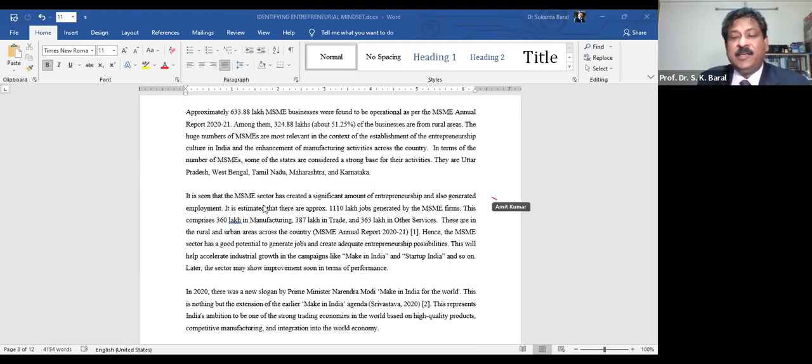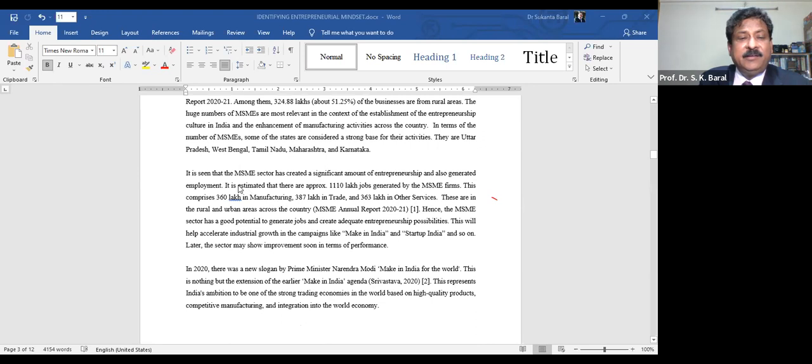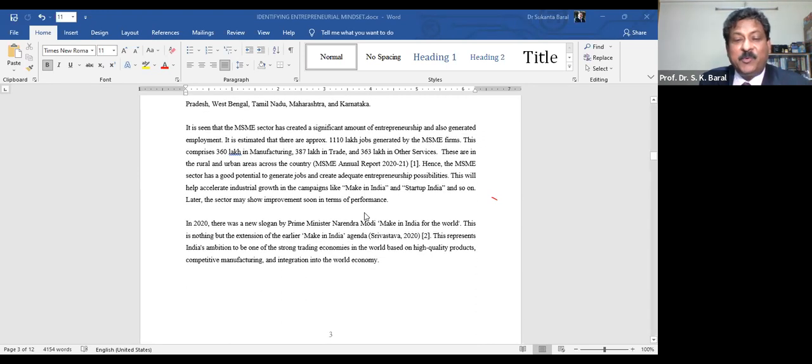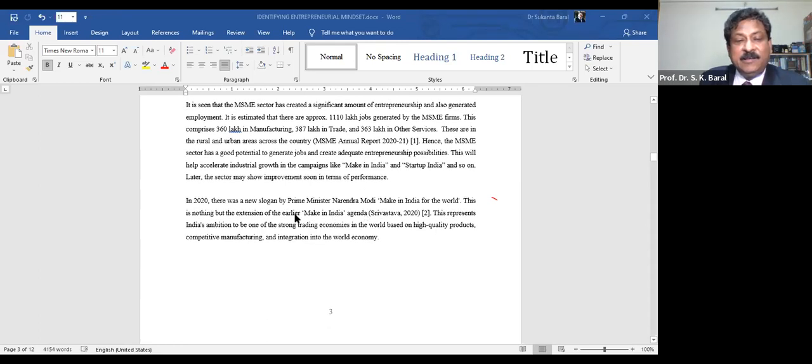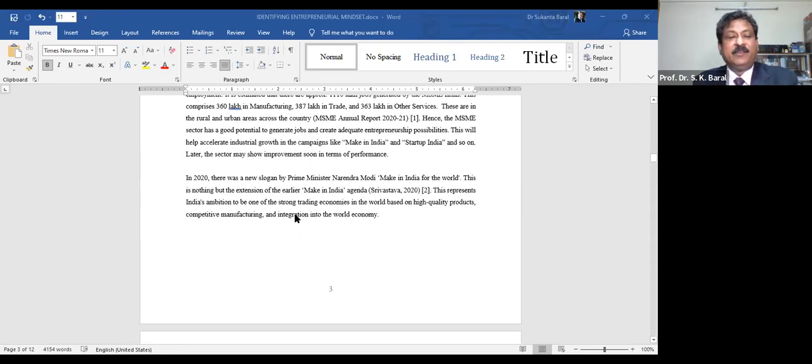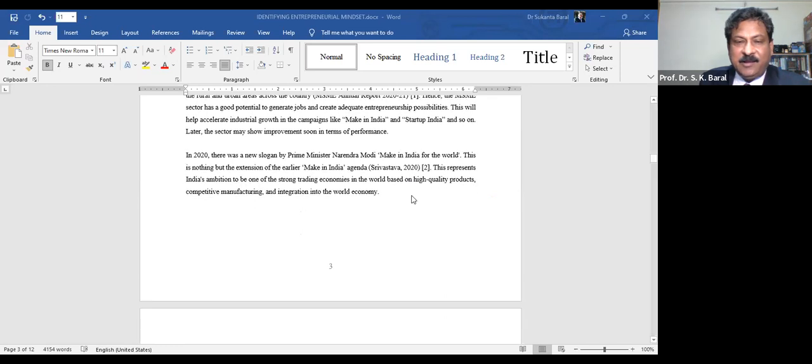So with this, I have taken the data with the help of the annual report. And also I have taken how our Prime Minister Modi is talking about Make in India for the world. So this has been described very properly by the author. I have given full reference of the author at the end of the article.